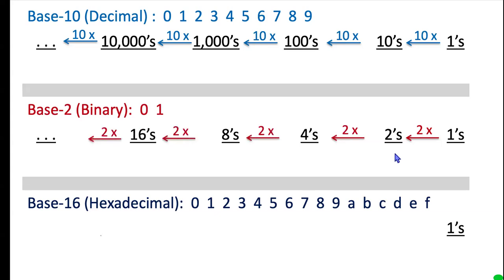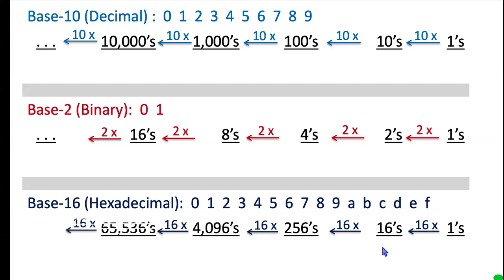This will all make sense when we look at binary and hexadecimal individually. In base 16, the next column after the ones would be 16 times that, the number of 16s, and the next column after that would be 16 times that.